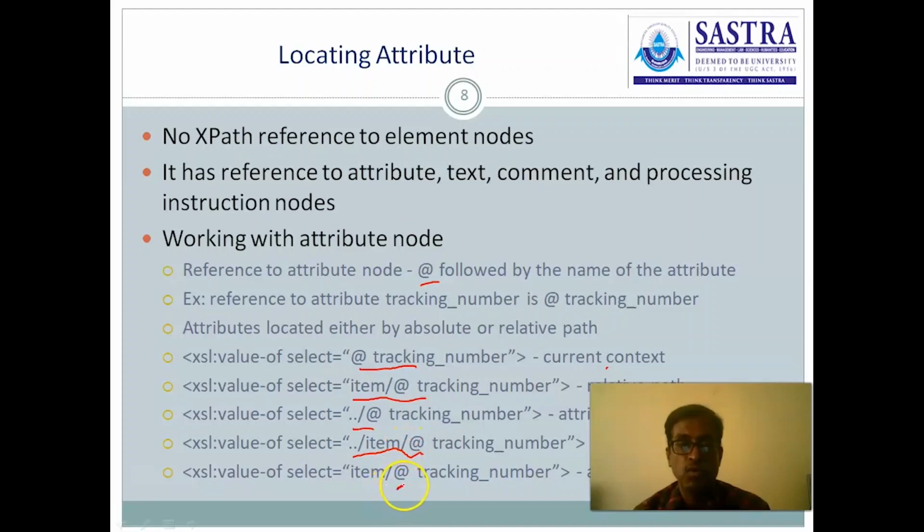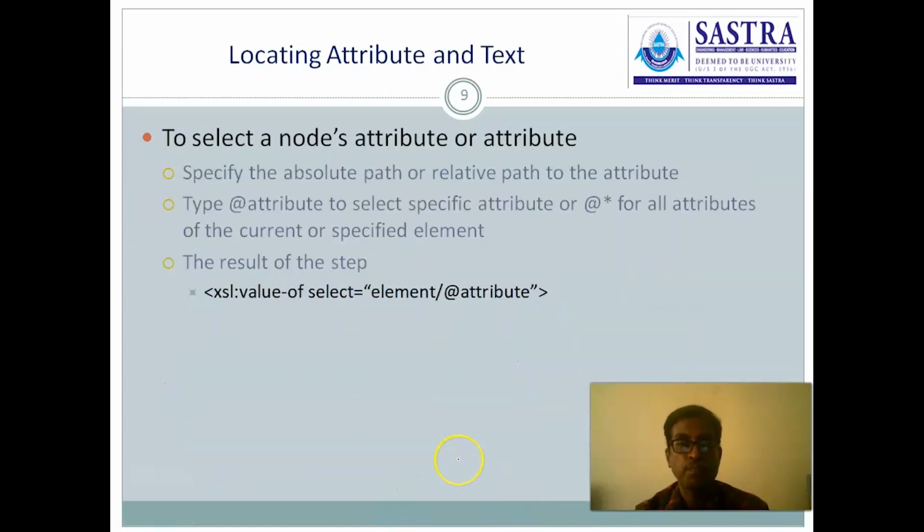This is absolute path, item at tracking number, absolute path. These things will be used to refer attribute in the XPATH. It has a reference: XSL colon value of select equal to tracking number. This will be written in the XSLT.